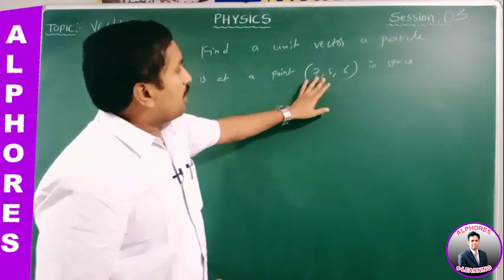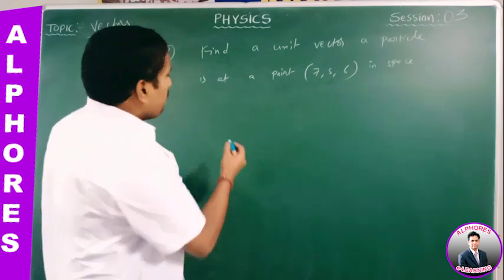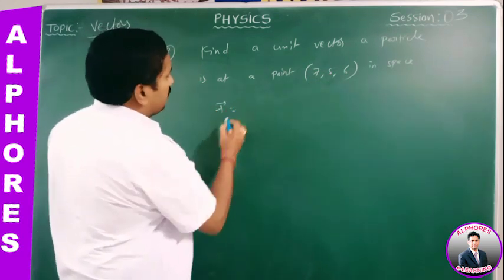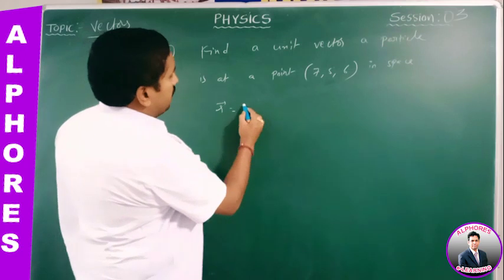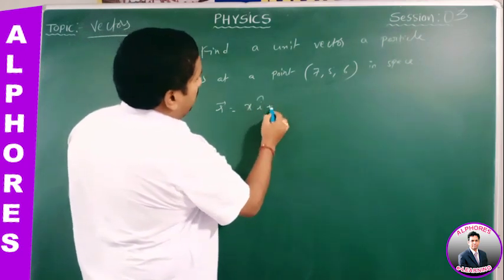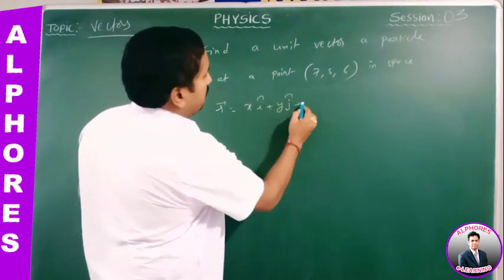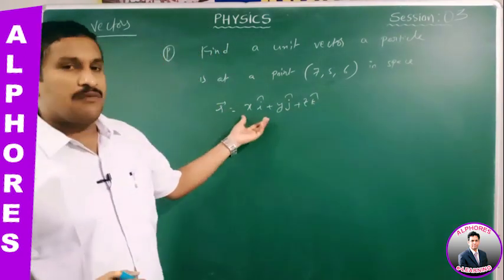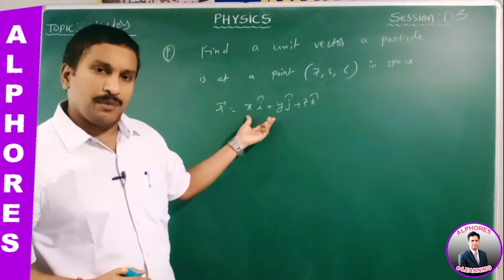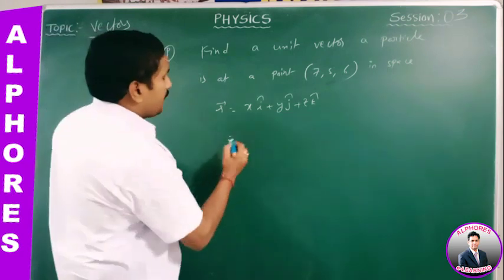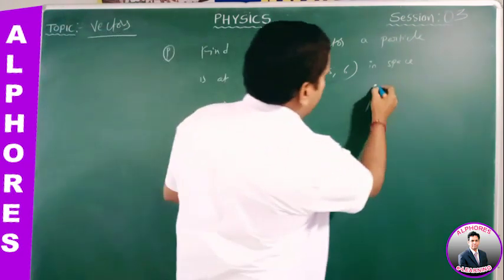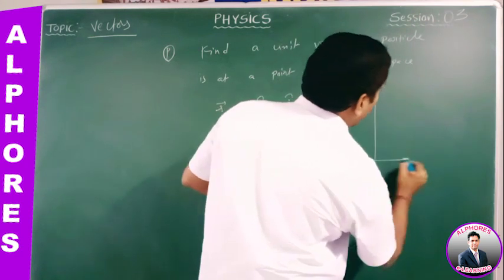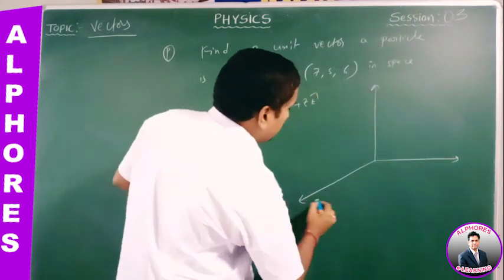According to this point, we use the concept of position vector, which we already know from yesterday: r bar is equal to x i cap plus y j cap plus z k cap. This is the expression for the position vector in 3 dimensions. Now, as per the condition, I have to draw the diagram of the position vector again.